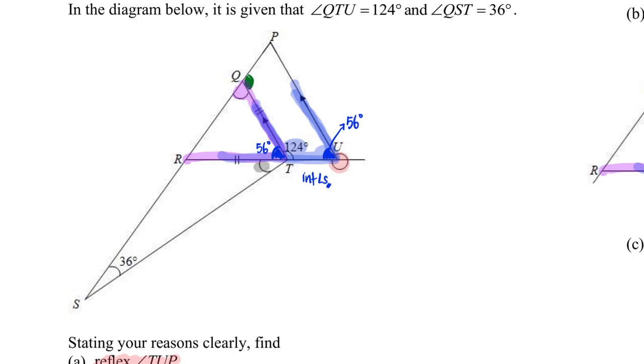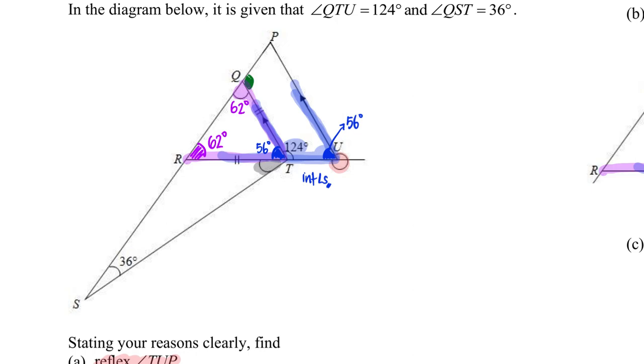RTS is this angle. Previously we got 62 in part B. So we would also know that this will be 62 degrees, because they are base angles of an isosceles triangle.